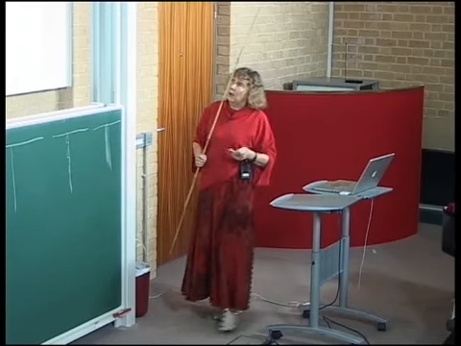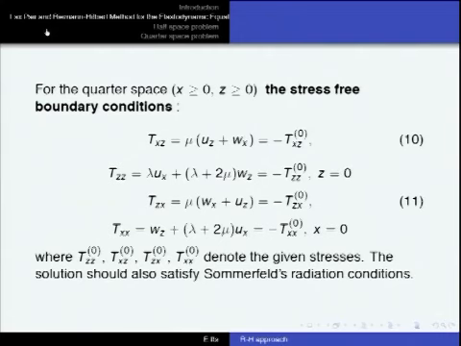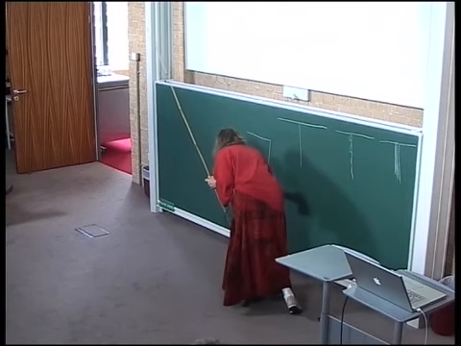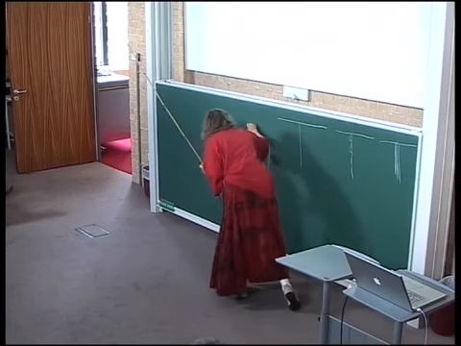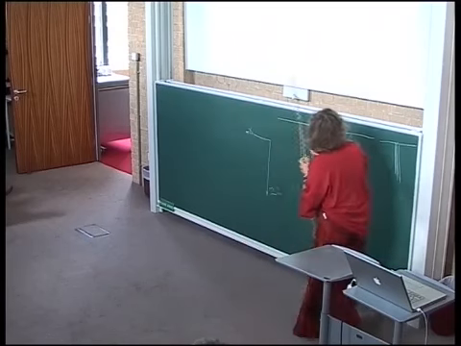And we are going to solve it for the stress-free boundary conditions on z equals 0 and on x equals 0. So we are just solving in a quarter space z x.